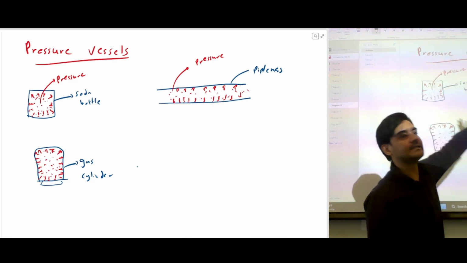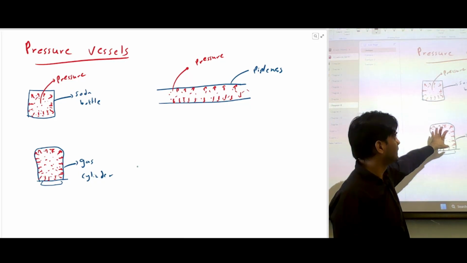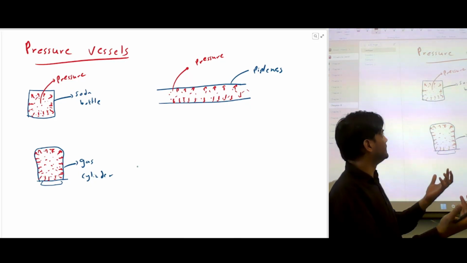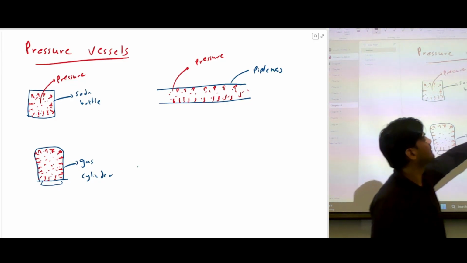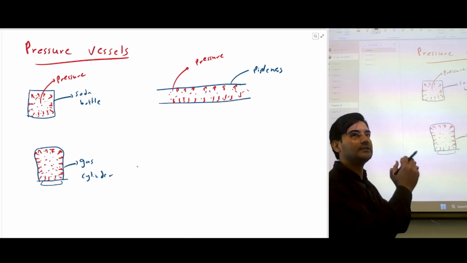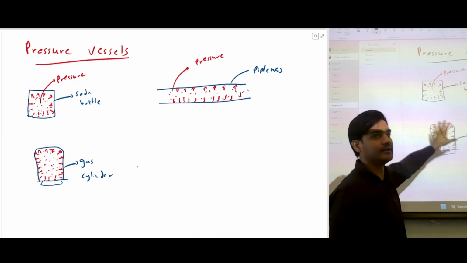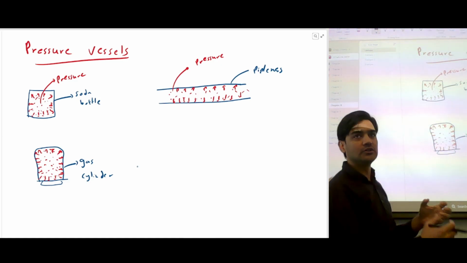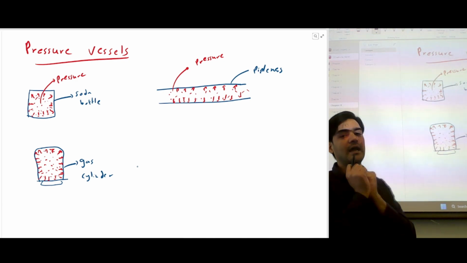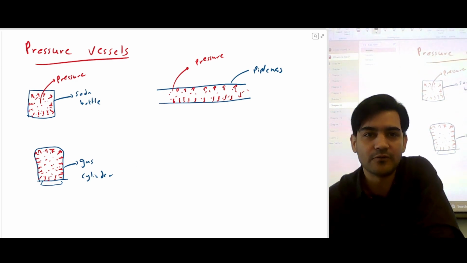In all of these examples, you have a pressurized gas, and this pressurized gas is acting as an external load. In the soda bottle, in pipelines, in gas cylinders, the pressurized gas is going to apply a force onto the container where it's enclosed, and because of these external loads you're going to have stresses, two types of stresses.